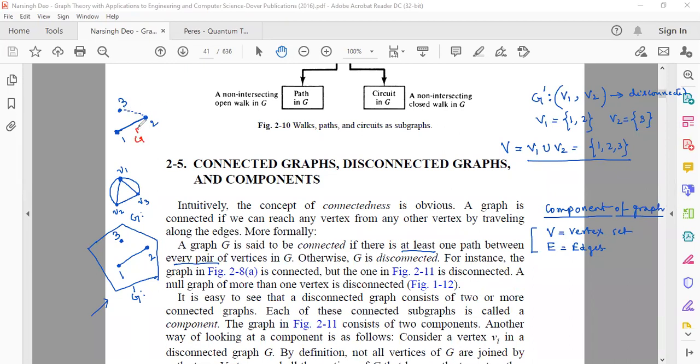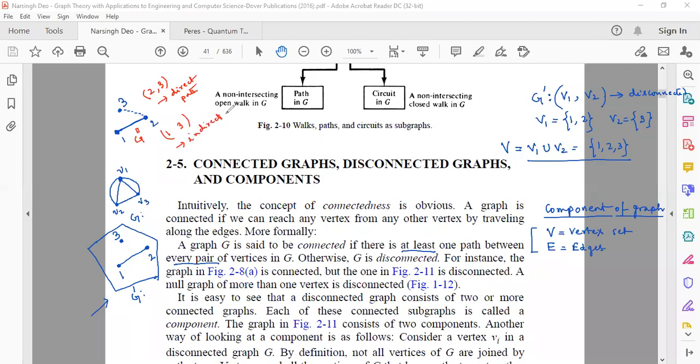If I name this graph as G double prime, I will say that this particular graph is connected. Why? Because between the pair 2 and 3, we can have a direct path, but between the pair 1 and 3, we may not have a direct path, but we have an indirect path, not undirected, indirect path.